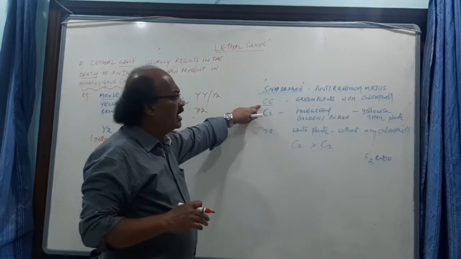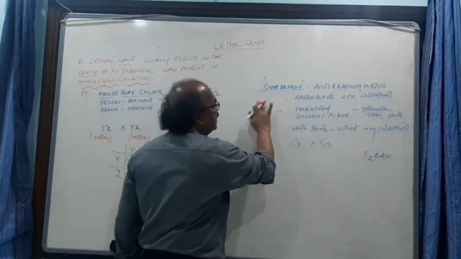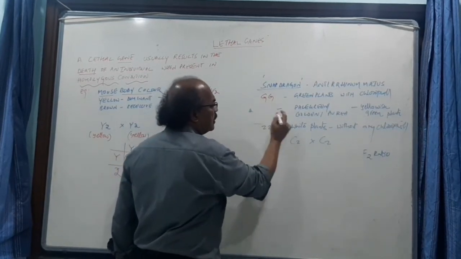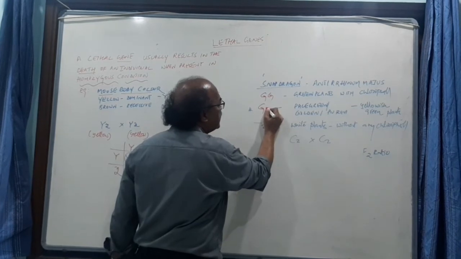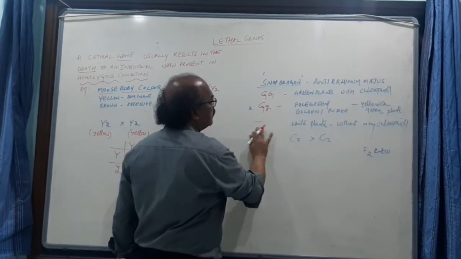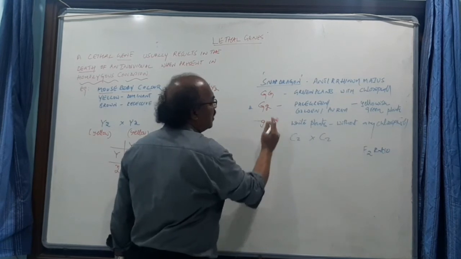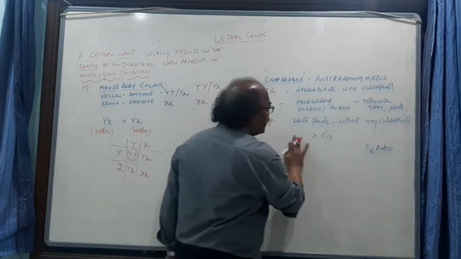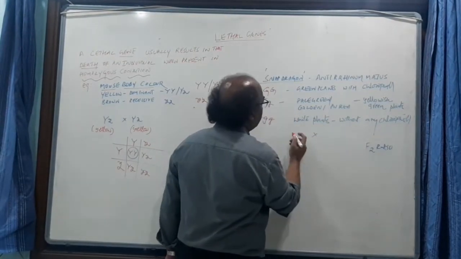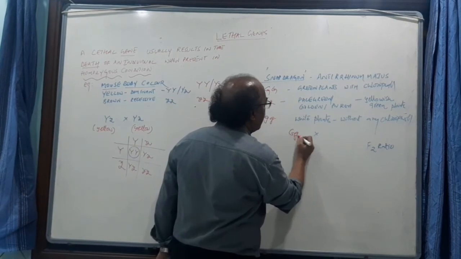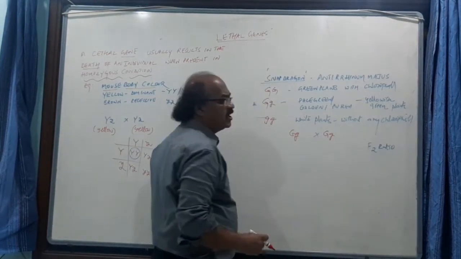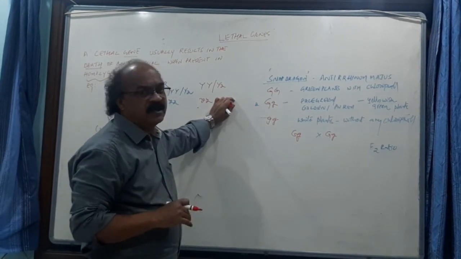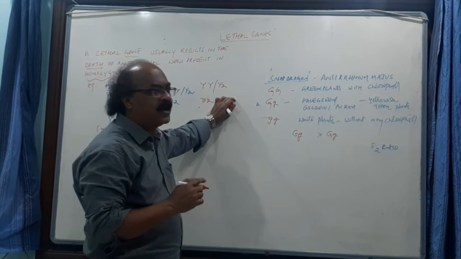Say for example, green plants capital G, pale green capital G small g, white plants small g. Now if you make a cross, capital G small g, pale green or golden or aurea plants, which are yellowish green.